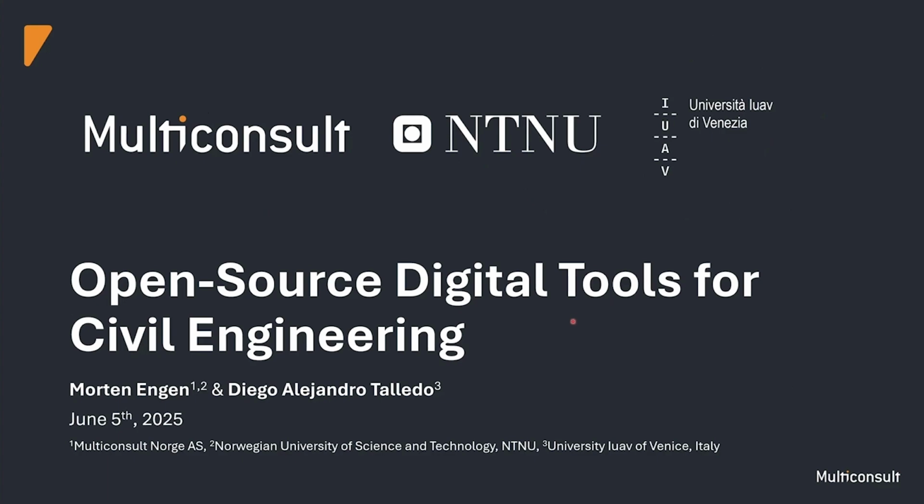Together we've chiseled out this presentation that we wish to call Open Source Digital Tools for Civil Engineering. I'll break this down for you. We'll discuss what we're doing in Task Group 214. We'll discuss what open source is, so what exactly do we mean when we say open source? We will have a look at options for using open source software in civil engineering.